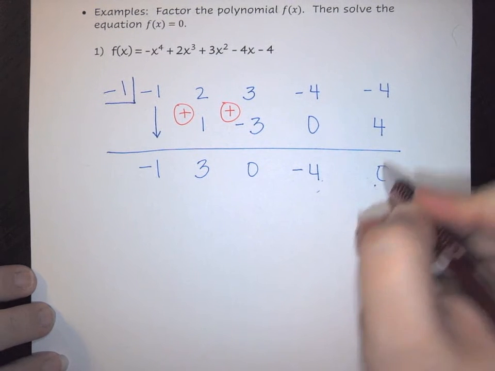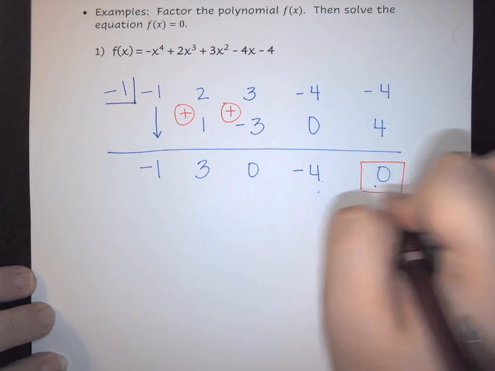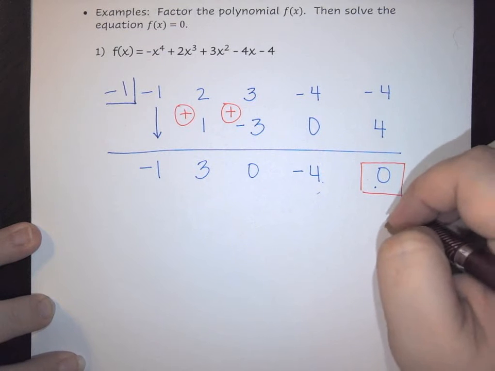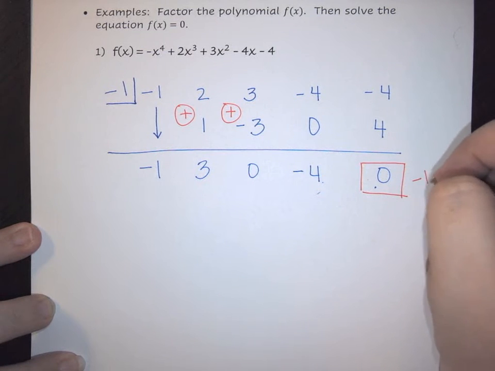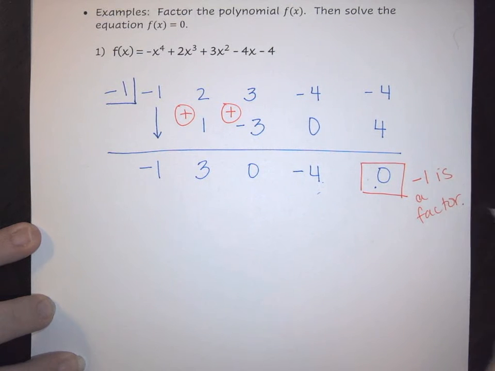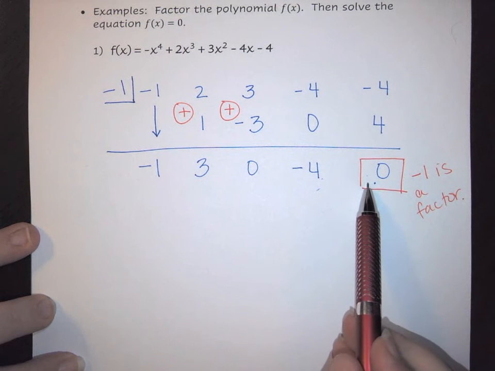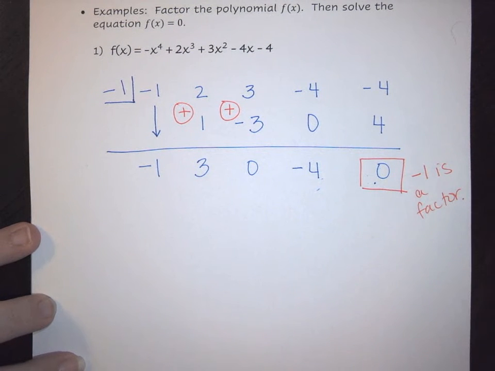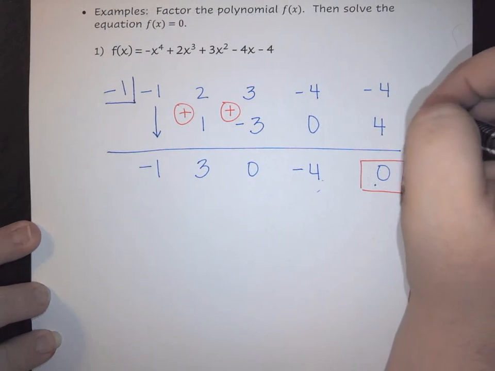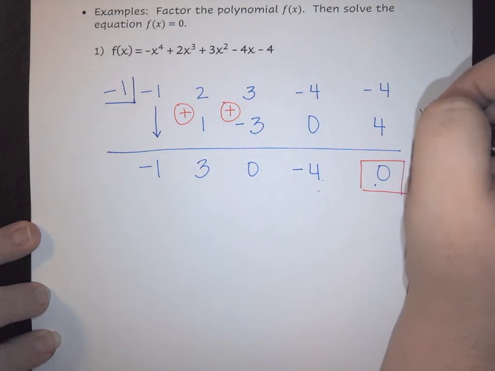Now, since we got a 0 here in this last box, what this means is that -1 is a factor. In other words, it worked because I got 0 here. So in this case, one of the things that we know now is that x equals -1.